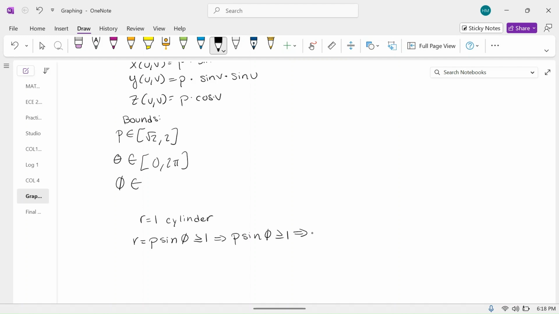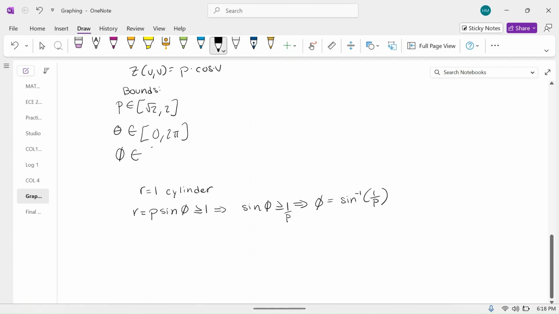And we have phi equal to sine inverse of 1 over rho. And we know that this is from 0 to pi.